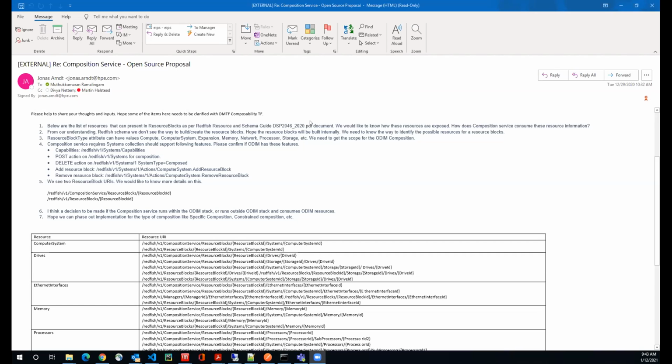So I did have some email communications with John Haas at the beginning of this composition work, when we spoke about fabrics, and we had a bit of interaction. I'm not against emailing him and saying that we want to have a chat, because I said to him we were going to implement this as part of the ODIM project at the time.